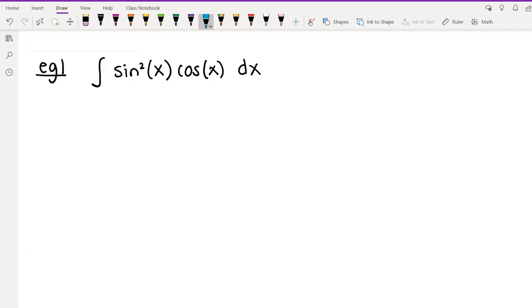We do a substitution, right? Because sine squared of x is the same thing as sine of x squared, we can let u equal sine of x, and then du is going to equal cosine of x dx.